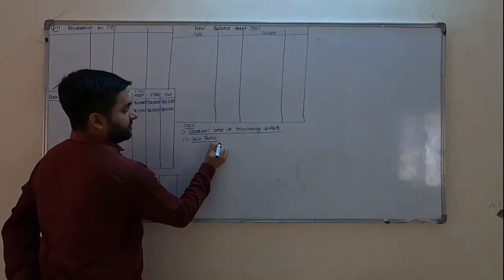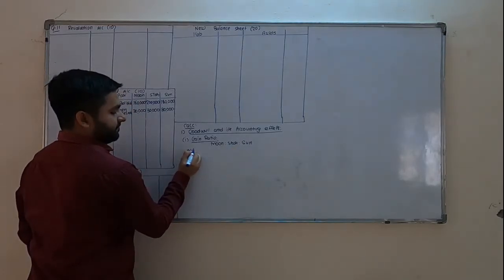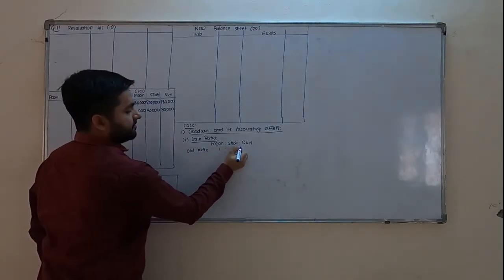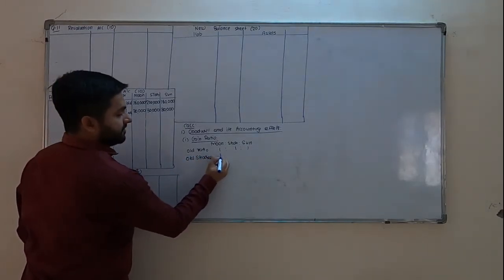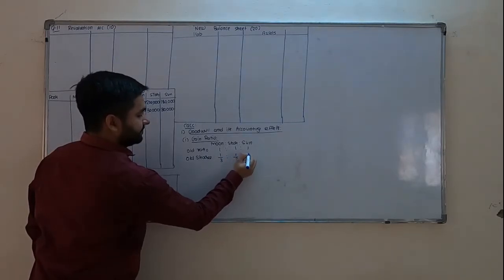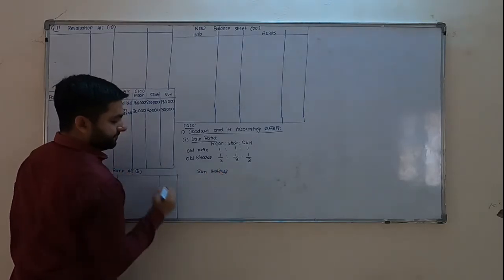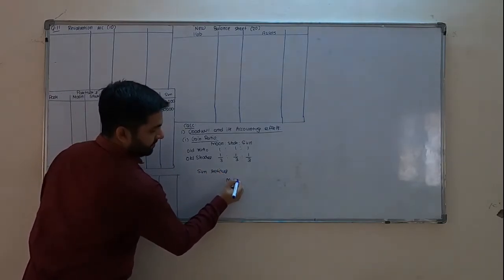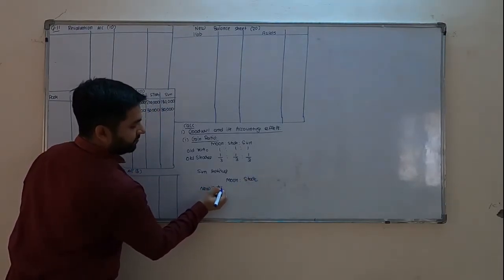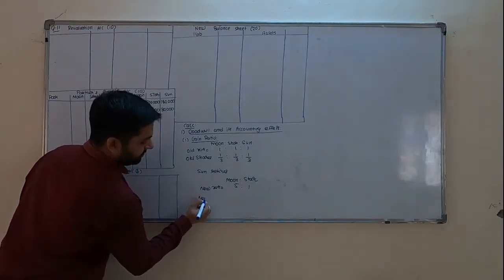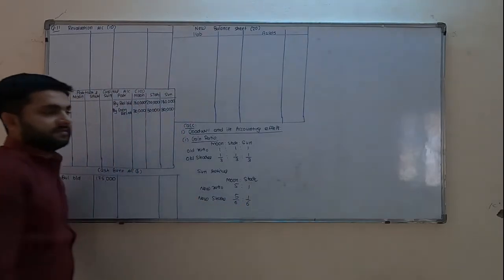So between Moon, Star, Sun, old ratio is 1:1:1, so old shares will be 1/3 each. Then Sun retires, so Moon and Star will remain, and their new ratio is 5:1, so their new shares will be 5/6, 1/6.